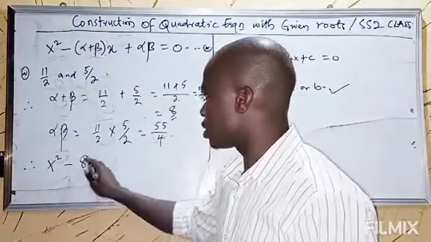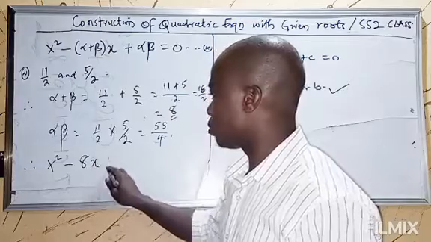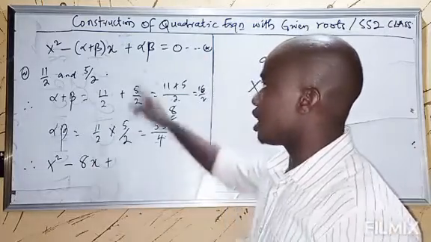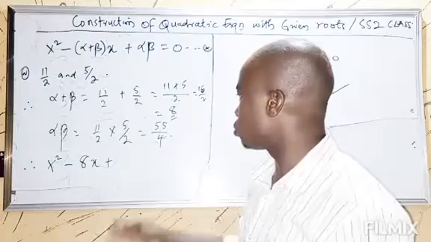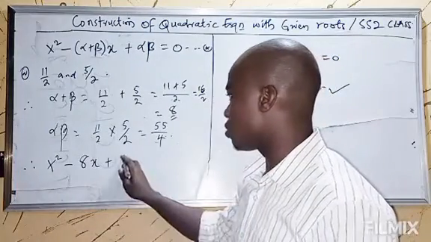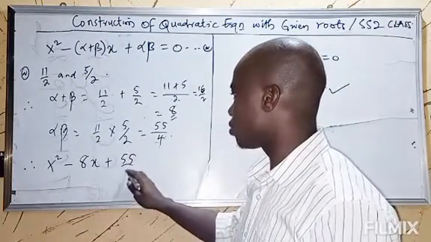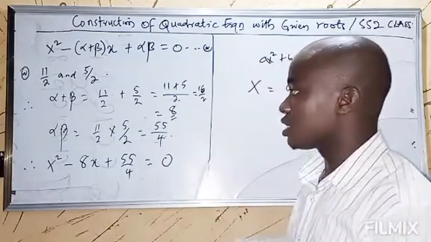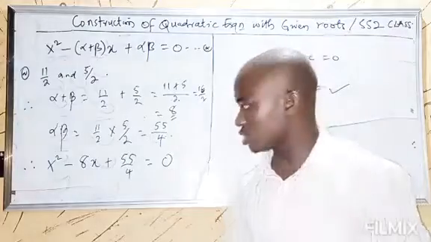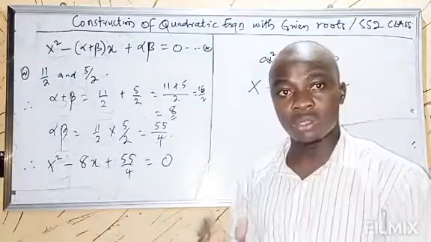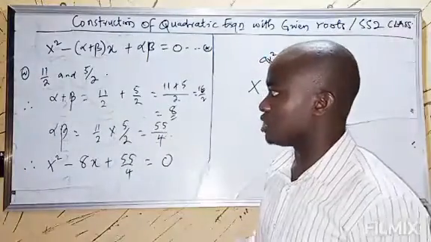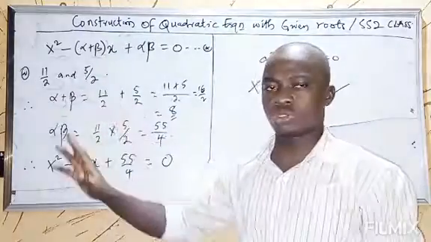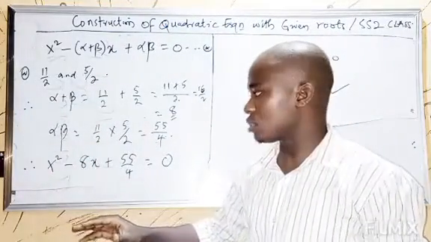If you put in 8x plus alpha beta, which is the product of the roots, 55 over 4, we have 55 over 4 equals 0. Can you see that we have arrived at the particular quadratic equation that is bearing these two roots?